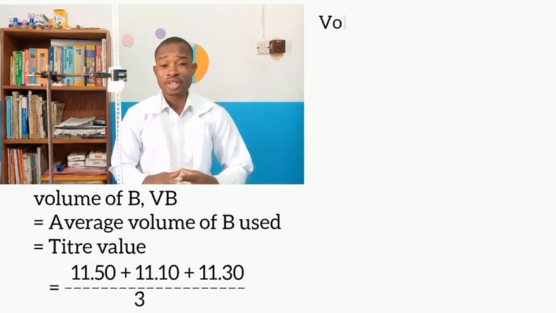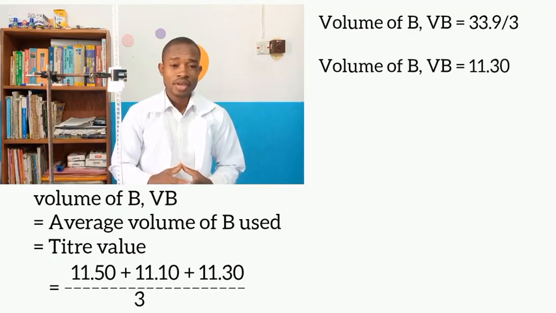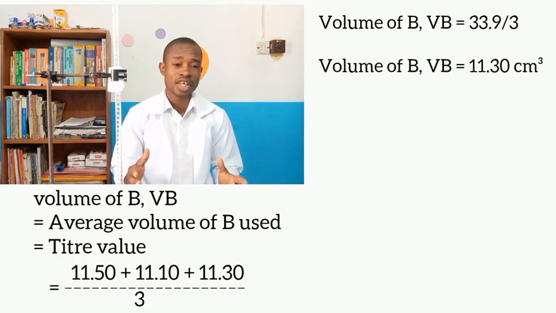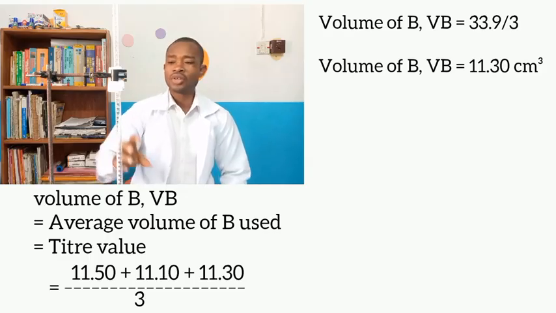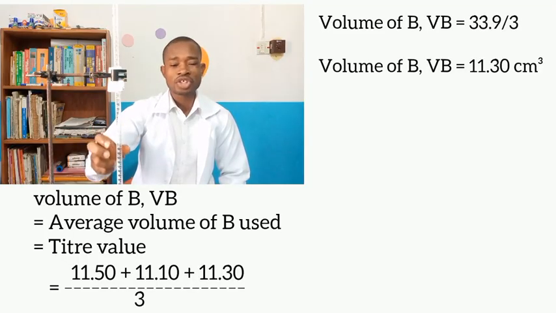Now we'll add up the numerators. We're going to get 33.90 divided by 3, and 33.90 divided by 3 gives us 11.30 cubic centimeter.